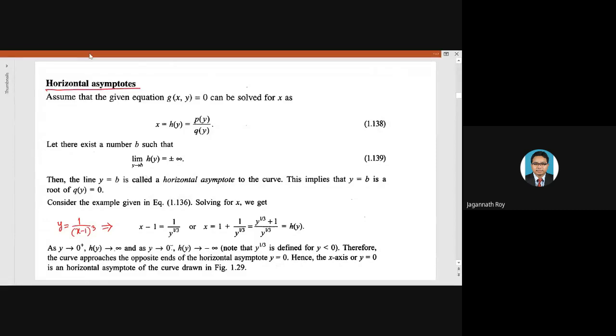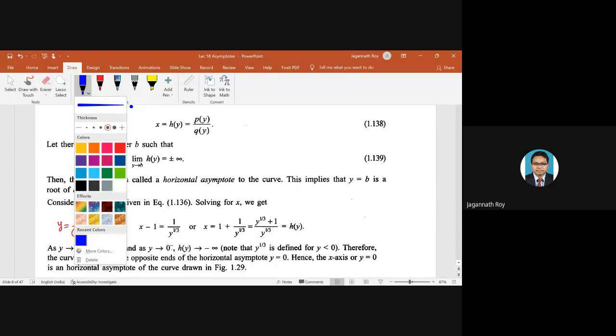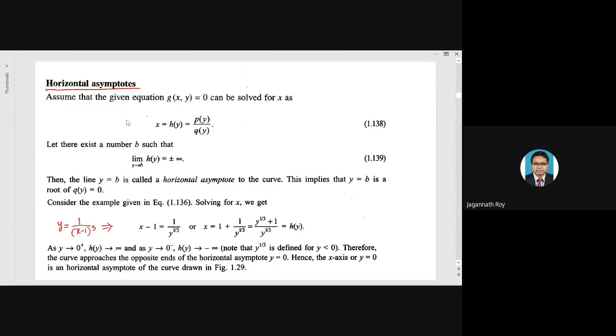So for the horizontal asymptote, a similar process we'll do. We write down the given function, x as a function of y. Here also b will be a root of q, so the denominator q(y) will be 0 at y equals b.